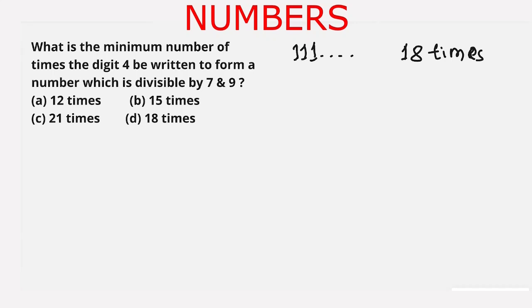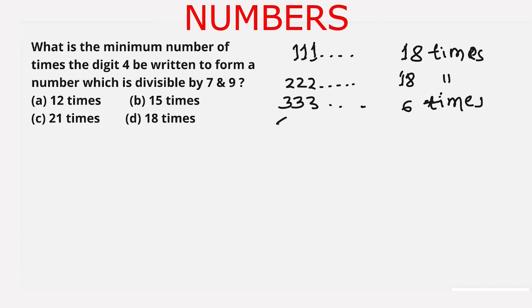Now if it is 2, 2, 2, then this should again be written 18 times to make it divisible by 7 and 9. If it is 3, 3, 3, then this should be written 6 times, as the sum of the digits will be 18 for 6 times, and it will be divisible by 7 as well as by 9. For 4, 4, 4, I have already given the solution.